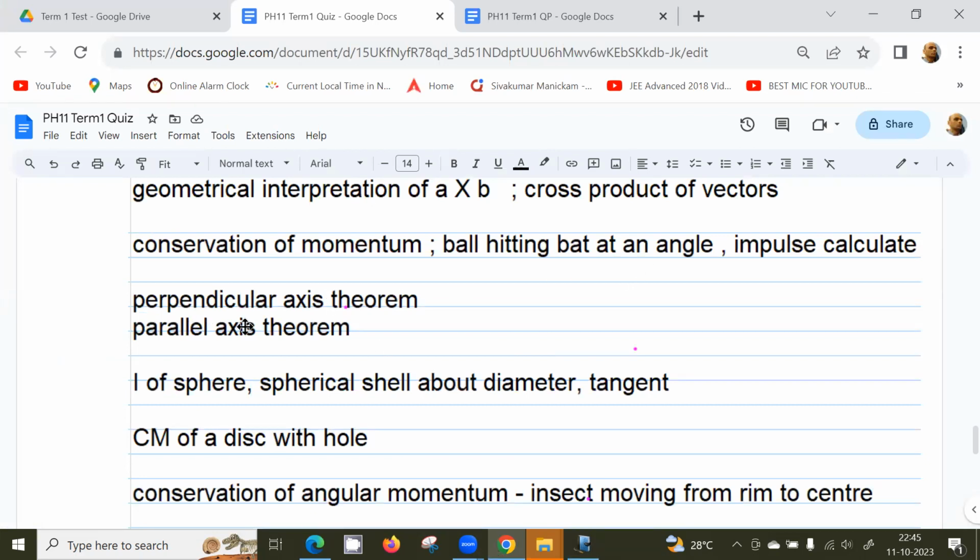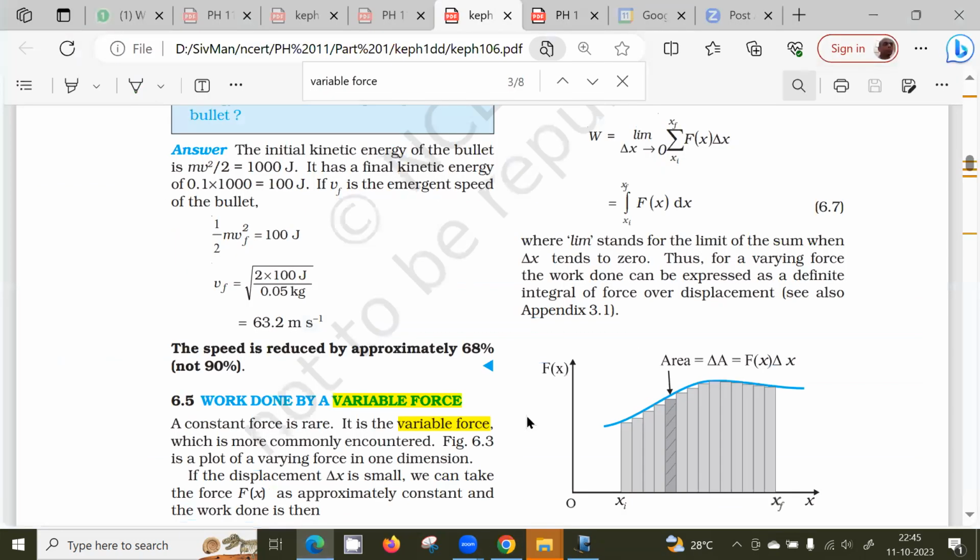The perpendicular axis theorem, as already said, is there in the book. The basic thing is the Pythagoras theorem.